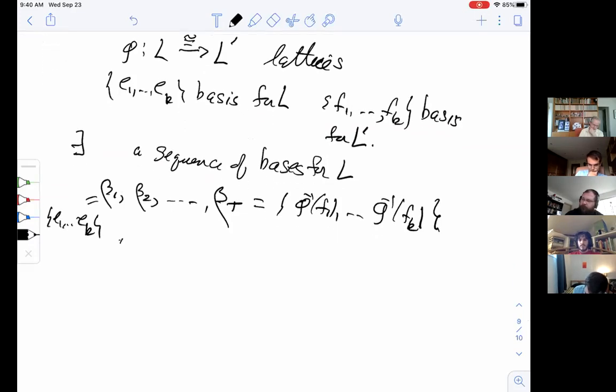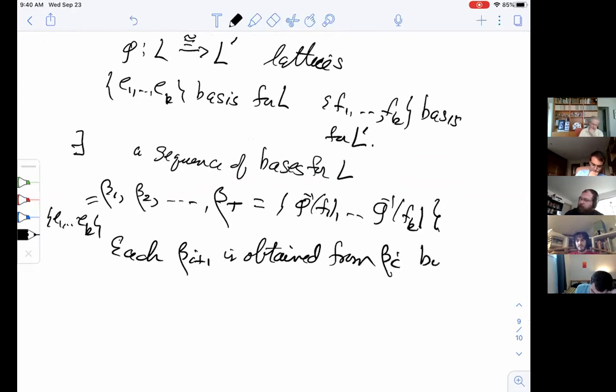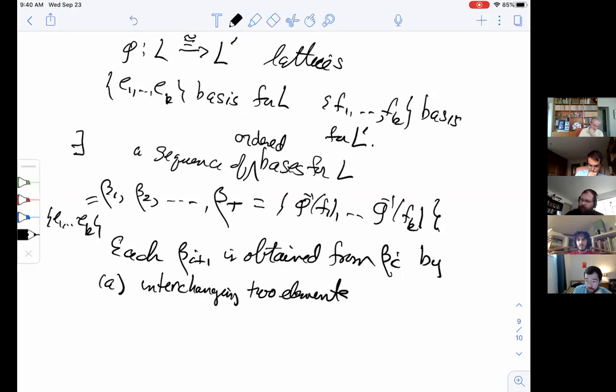And in this sequence, each beta I plus 1 ordered basis is obtained from beta I by one of the following three operations. One, interchanging two elements of the basis. These are, I should emphasize, ordered bases. So instead of E1, E2, and so on, you have E2, E1, and so on.